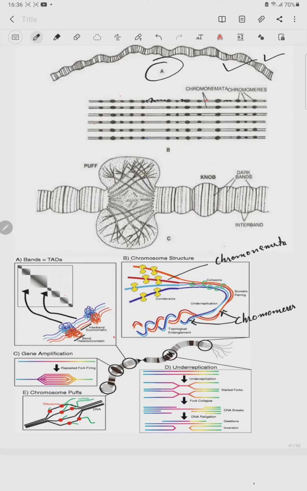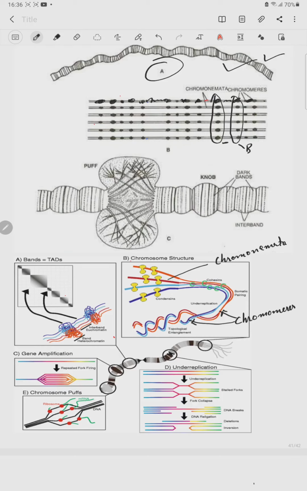On the chromonemata, there is a linear arrangement of dark bands. These are chromomeres. These chromomeres are highly coiled DNA molecules, and these arranged side by side result in the formation of band and interband.